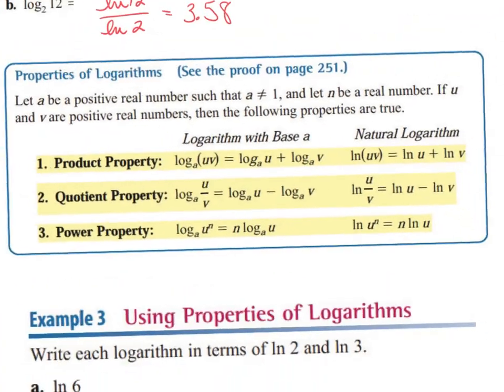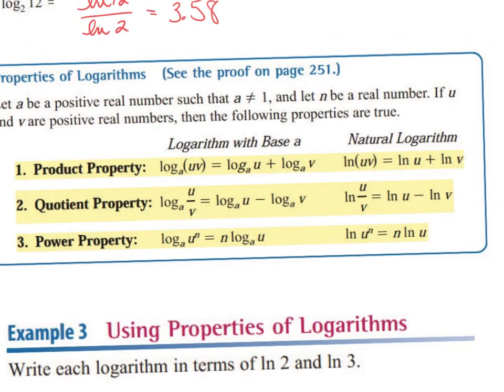Okay, guys, when we talk about expansion and condensing, this is actually a very simple concept. It can get a little confusing, but you guys are going to be okay. I have plenty of faith in you. If you notice, logarithm with base, natural log, it's the same thing. It's just one has a log, one has an ln, but it's the same process.